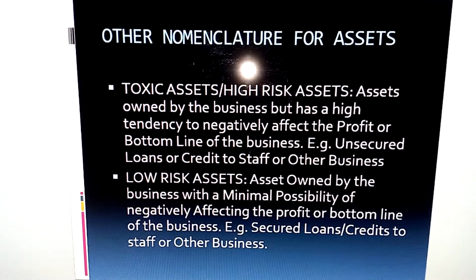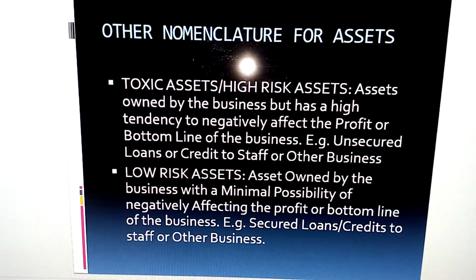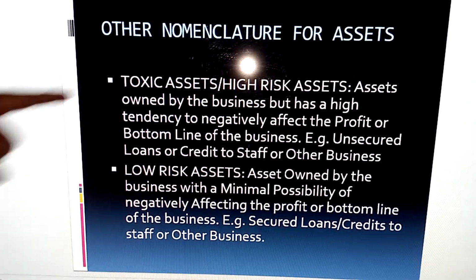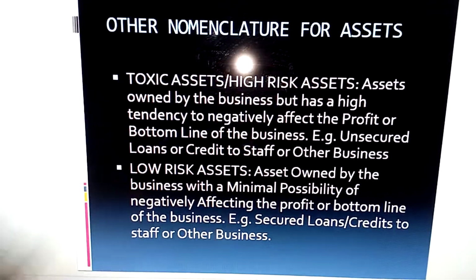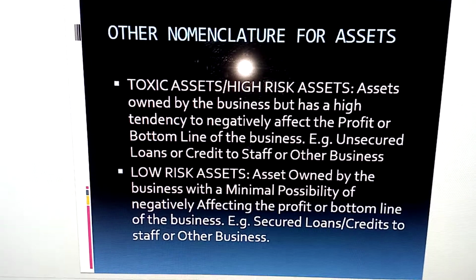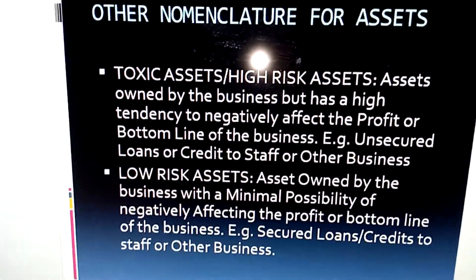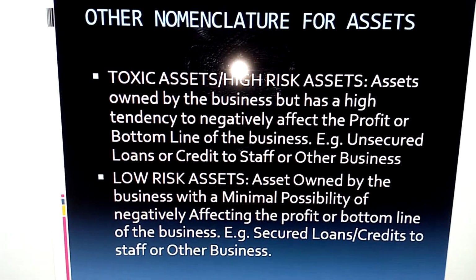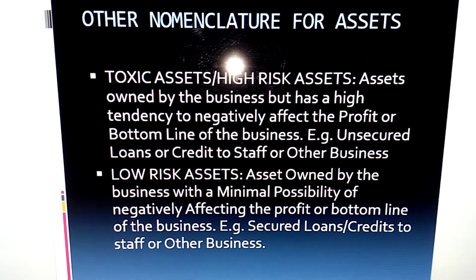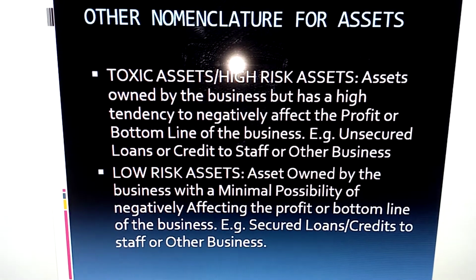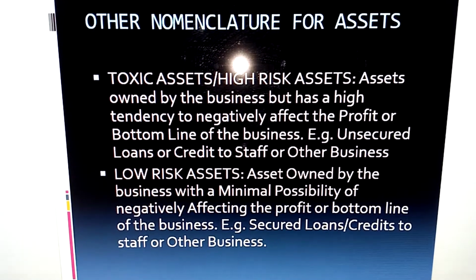So let's look at some of those nomenclatures. Here we have toxic assets or high risk assets. Now, an asset is said to be toxic or of high risk when there is a tendency of such an asset to negatively affect the profit or bottom line of the business.